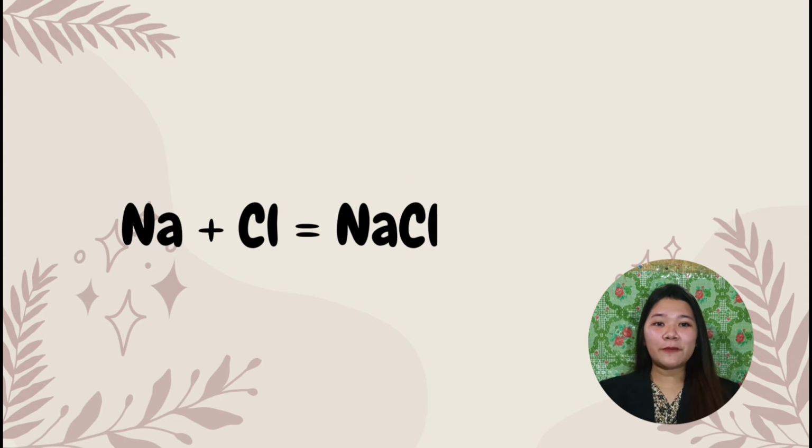For example, the formation of NaCl, or sodium chloride, where we add Na, which is sodium, and Cl, which is chlorine. As both Na and Cl have no charge, as these are electrically neutral atoms, they need to have charge to attract and form the sodium chloride. To make them both have charge, sodium needs to give one of its electrons to chlorine, and this is where oxidation takes part.